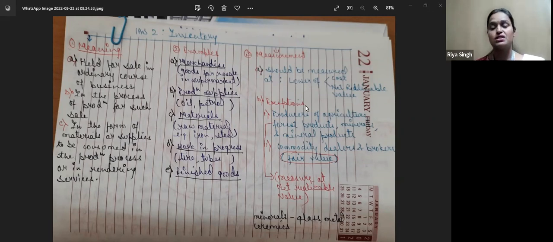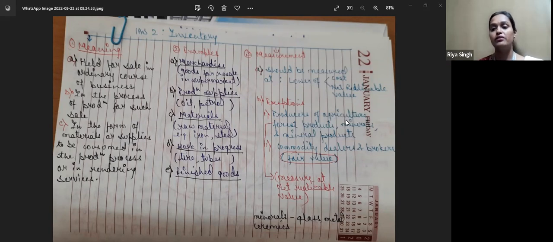Okay, some exceptions are there. What are these exceptions? Producers of agricultural and forest products: we are not going to apply this rule. If any minerals or mineral products are there, we are not going to apply this rule.